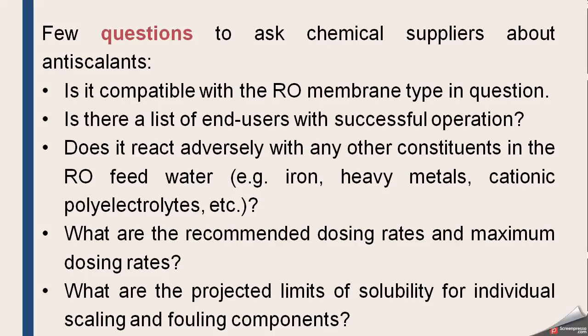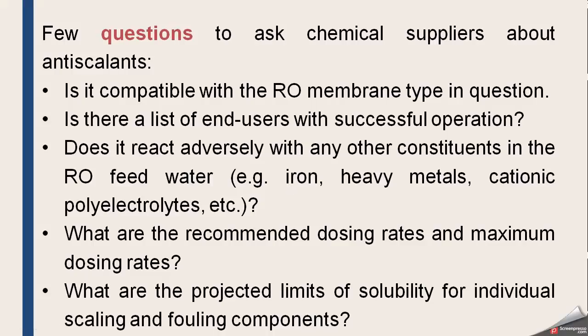Is there a list of end users with successful operation, that the company supplying you has other successful clients who rely on their antiscalant? Or does it react adversely with any other constituent in the RO feed water, for example iron, heavy metals, cationic polyelectrolytes, etc., which I described on the previous page?